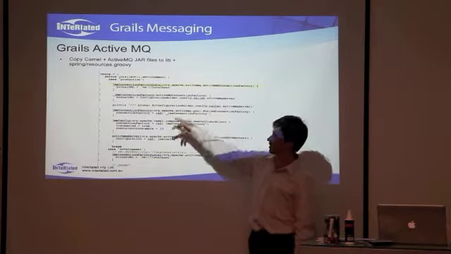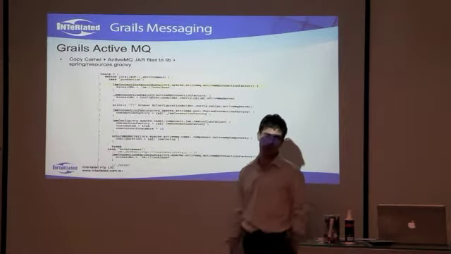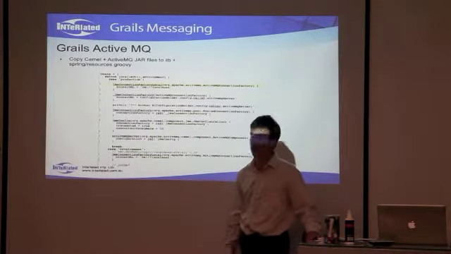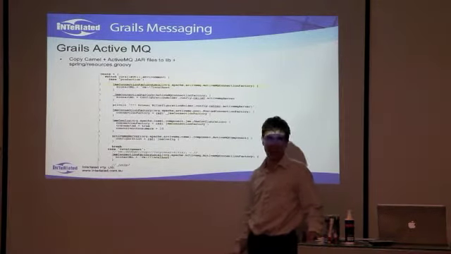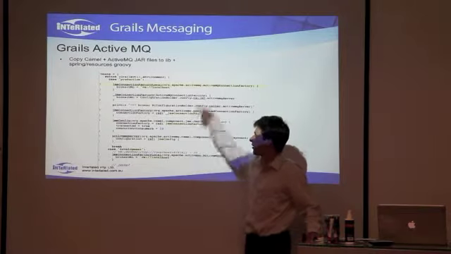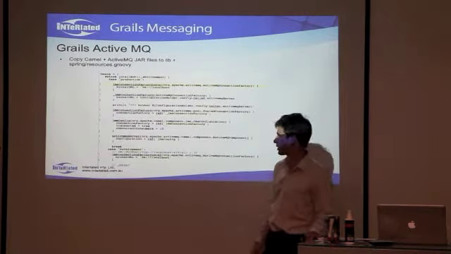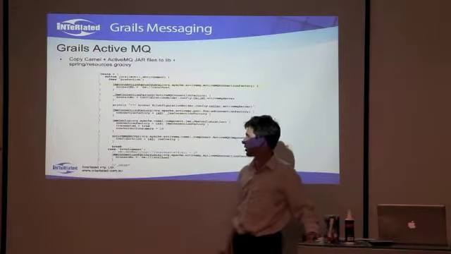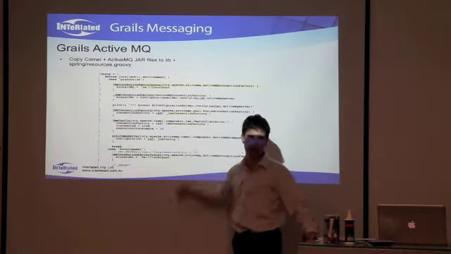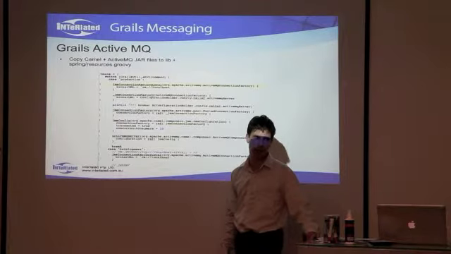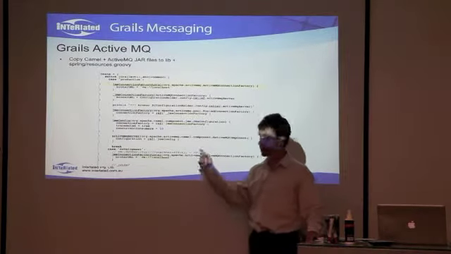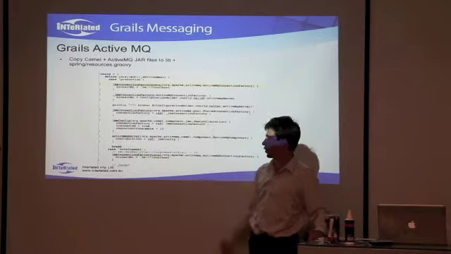So this is equivalent to the XML Spring thing that I had before in the middleware layer. Again, you've got the same connection pools and so forth, right? At the end of the story, you get the same ActiveMq handle to send messages to and receive messages from. Does the same thing, but this is the Groovy way to do it.